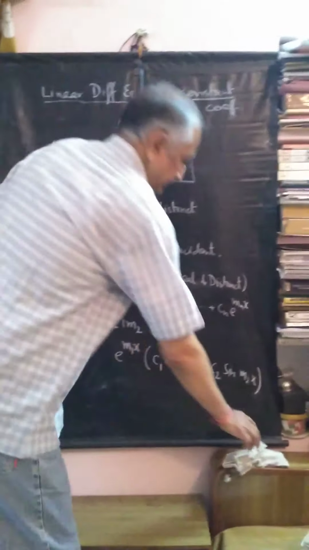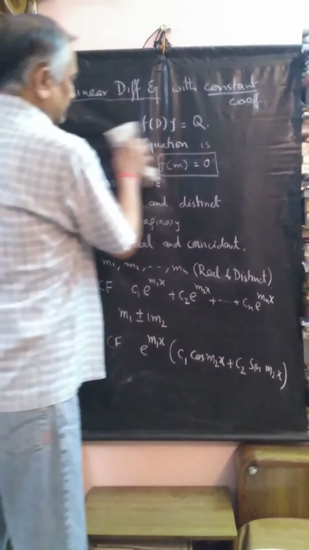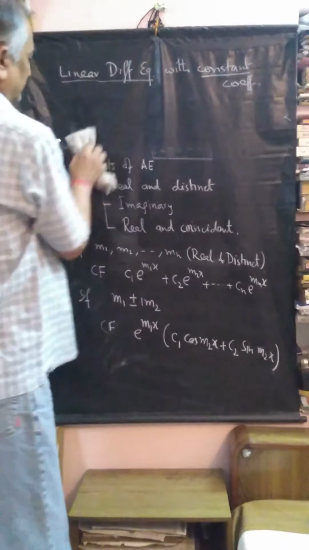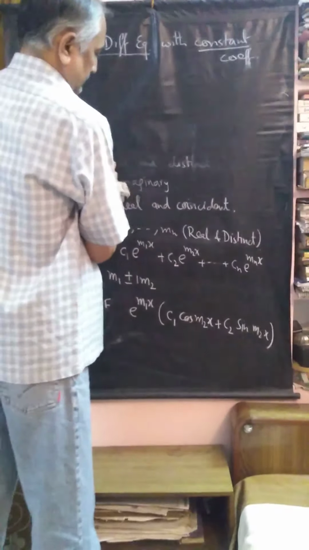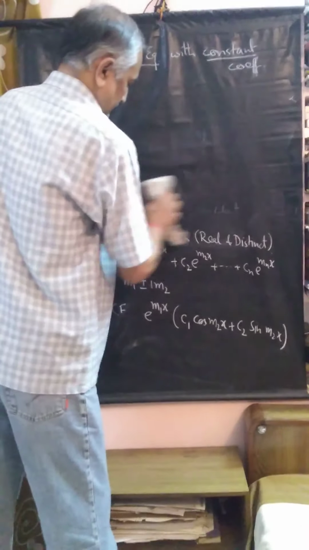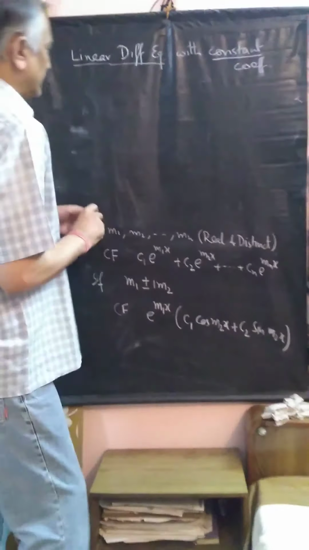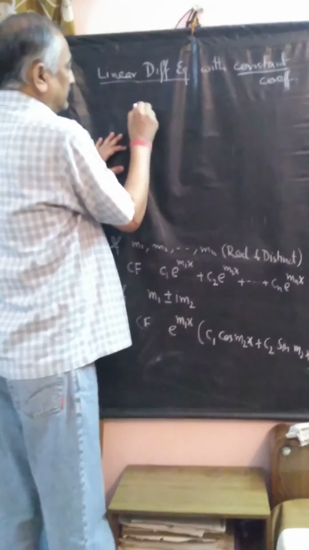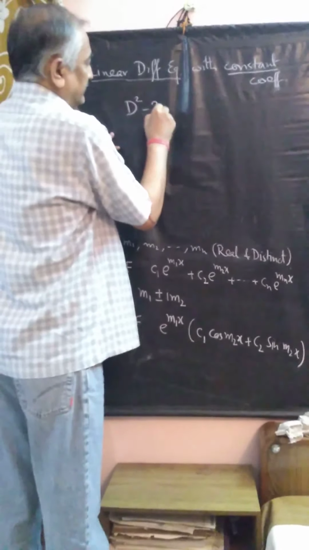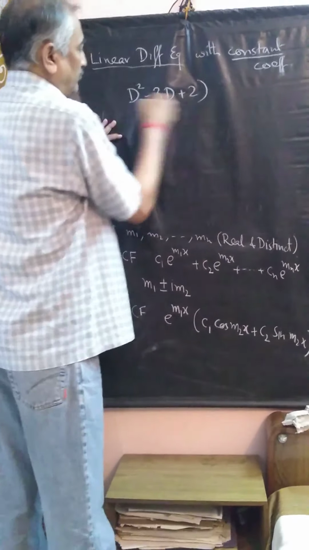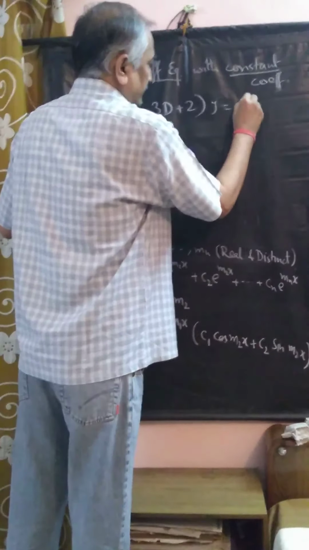For example, suppose we have this equation, D squared minus 3D plus 2, y equal to 0.